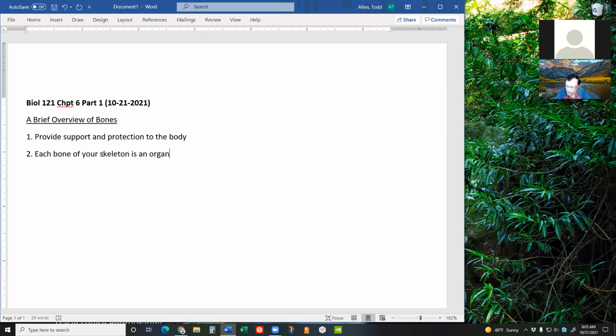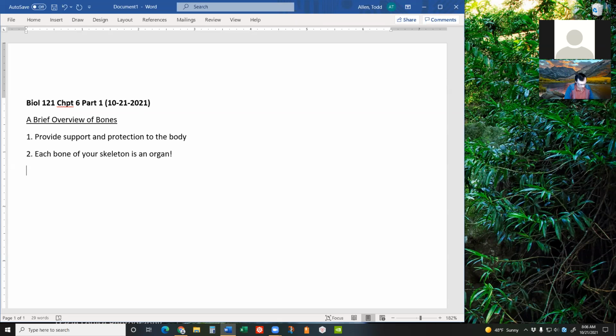And as you will see as we cover throughout this chapter, you will find multiple tissues that make up the molecular anatomy of bone, okay? Each bone of your skeleton is an organ. It's kind of an odd way to think about it, right? When people hear the word organ, they think about your heart, your liver, your spleen, kidneys, that kind of thing. And after chapter 5, your skin, right? But each bone of your skeleton meets the actual definition of an organ.